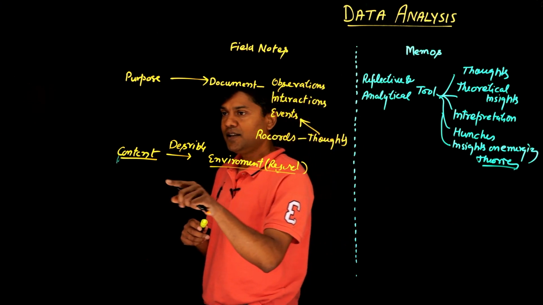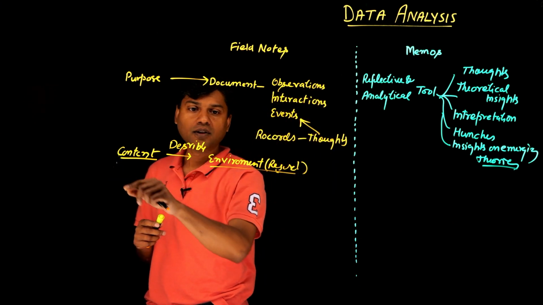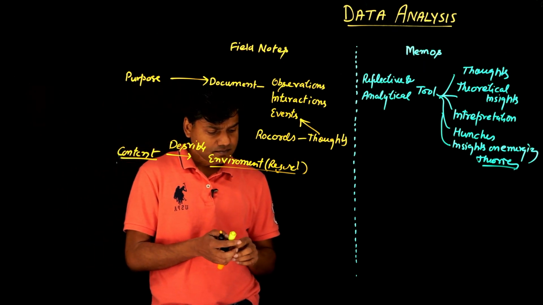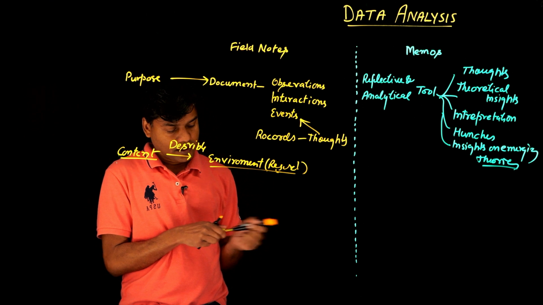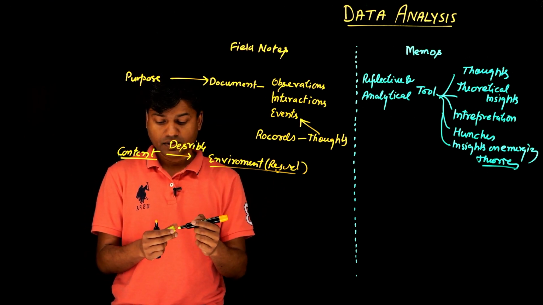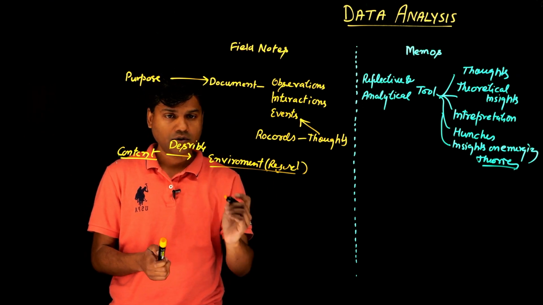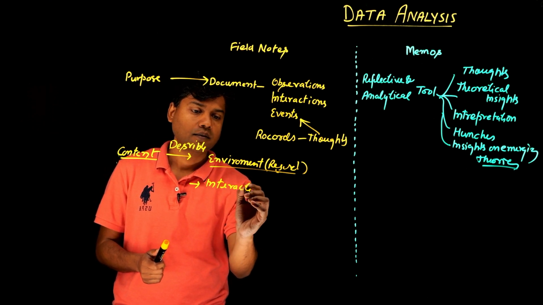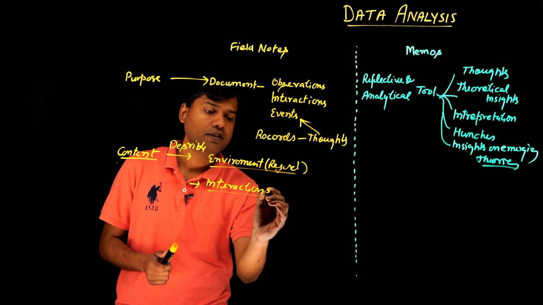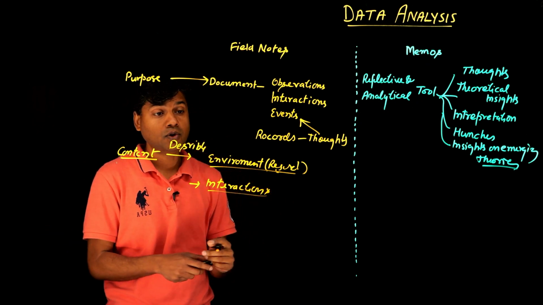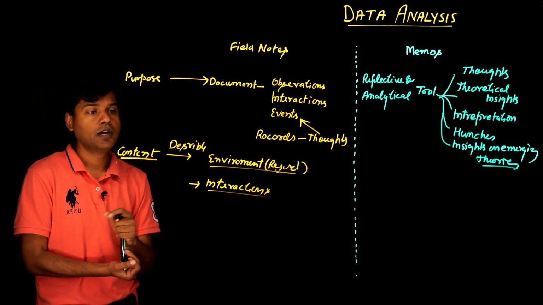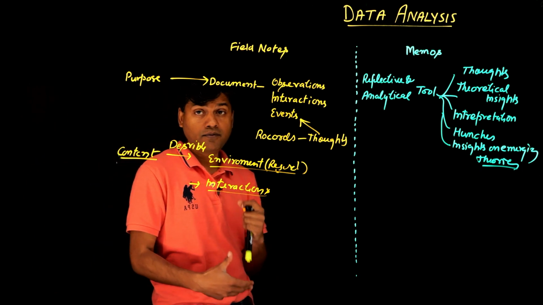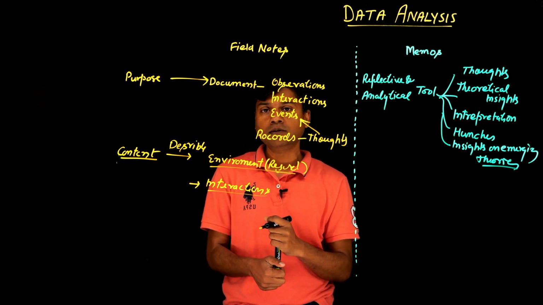In terms of content in our field note, we describe the environment. We also talk about our interactions. So let's say if I'm doing interviews or a focus group or individual, then just after the interview, I can write my reflections about how this interview went.